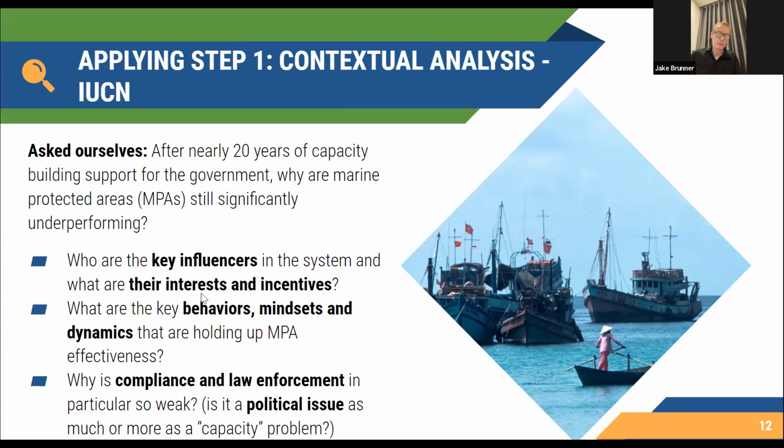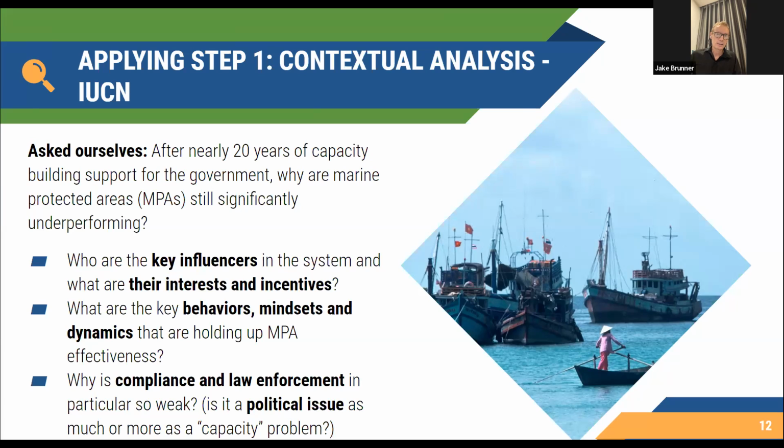Now, in 2015, IUCN did a management effectiveness evaluation of all 10, and we sort of confirmed what we already knew, or believed we knew, which was that confidence and capacity among protected area staff was extremely low.